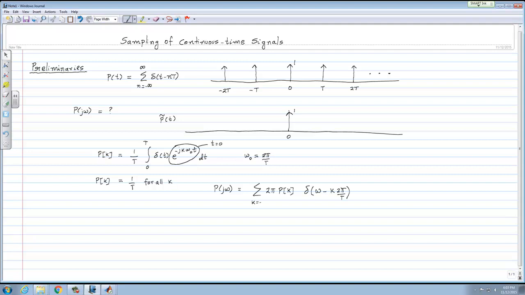Sum this for k going from negative infinity to positive infinity, and that's the Fourier transform of P of t. So if we plug in the expression for P of k, which is 1 over t, then we simply get 2 pi over t times summation delta of omega minus k times 2 pi over t, k going from negative infinity to positive infinity.